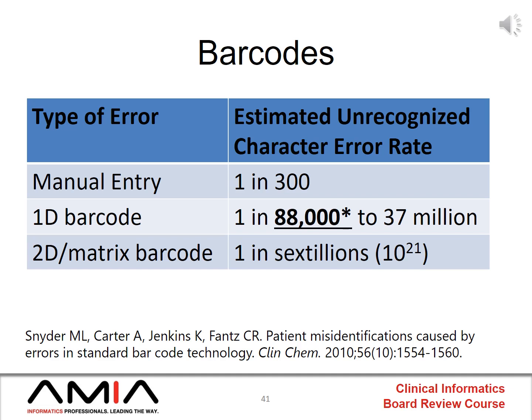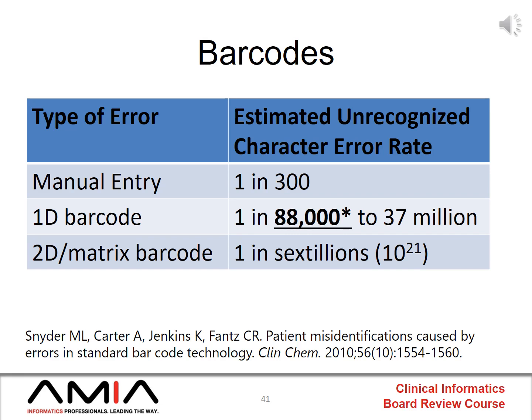As a result, the actual error rate for linear barcodes is far higher than expected, and I think most of us would agree that an error rate of 1 substitution error in 88,000 scans is far too high for healthcare nowadays, especially with the number of patients and tests and specimens and armband barcode scans that are currently being performed.